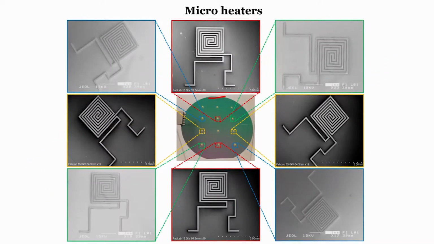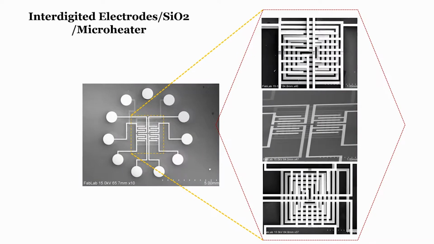So, this is a micro heater, and let us go to the next section, which is interdigitated electrodes on silicon dioxide on the micro heater. What you can see here is a micro heater, and then there are interdigitated electrodes on the micro heater. How can you fabricate these interdigitated electrodes on the micro heater?